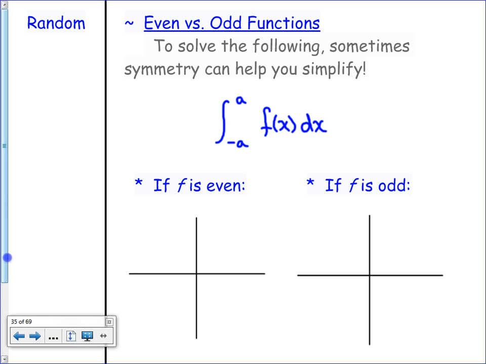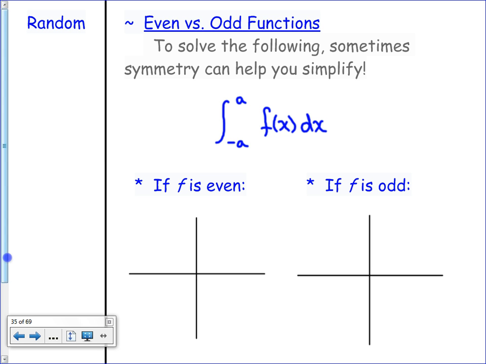Two random pages. You've had to use them a couple times in AP assignments. One has to do with even and odd, and one has to do with, do you have any clue how to solve this, basically? First one, even and odd. I don't think I wrote it back there.